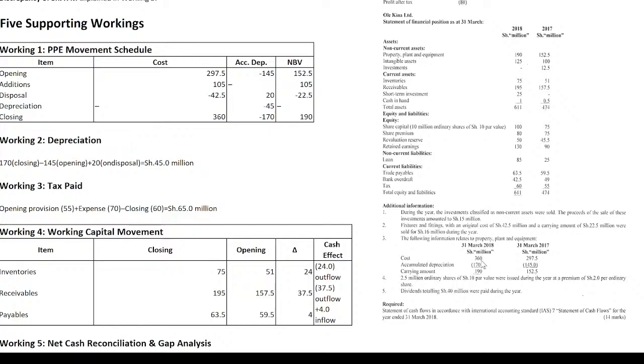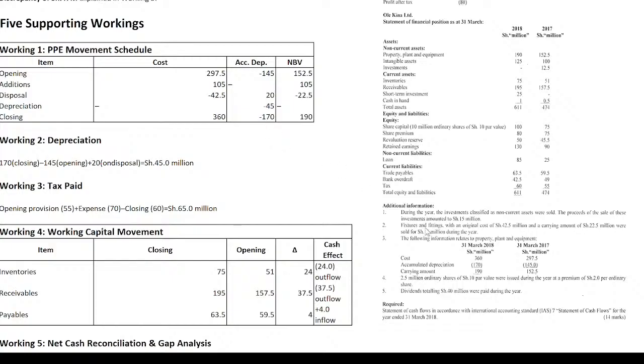Then for the additions, in the same year 2017 we have 145, which was accumulated depreciation. So our net book value at that point was 152. So that we can also have our accumulated depreciation for 2018, we have been given 170.